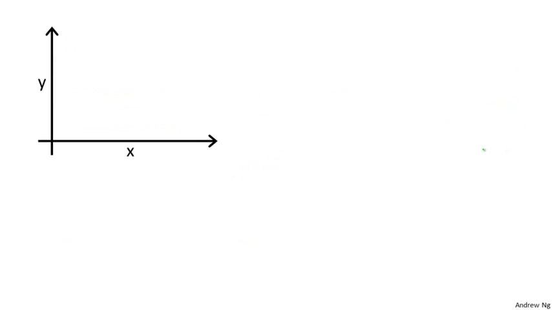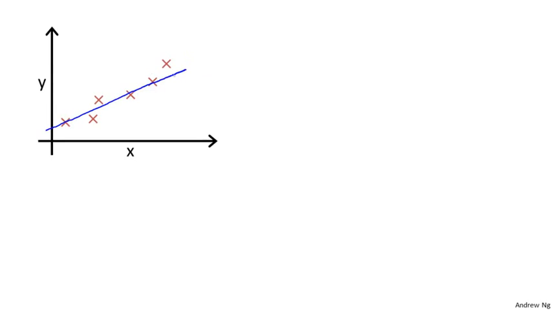In linear regression, we have a training set, like maybe the one I've plotted here. What we want to do is come up with values for the parameters theta 0 and theta 1 so that the straight line we get corresponds to a straight line that somehow fits the data well, like maybe that line out there.